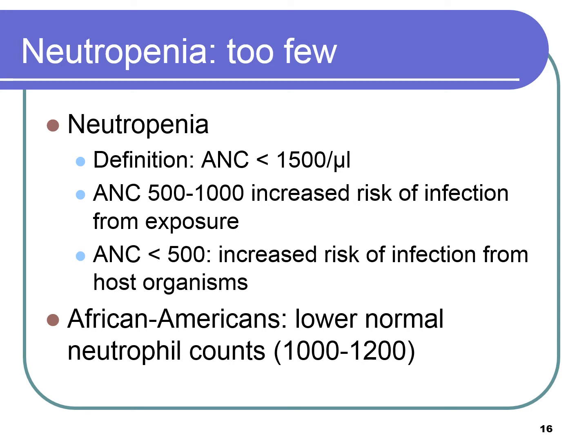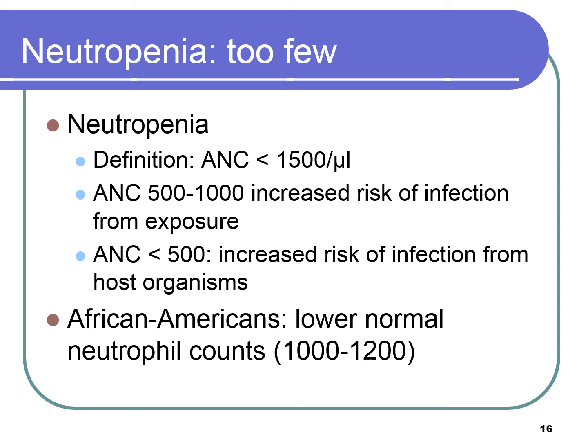Neutropenia. When we have too few neutrophils, less than 1,500 per microliter, this kind of patient has an increased risk of infection. Neutropenia may be categorized into high risk, intermediate risk, or low risk according to the neutrophil count.